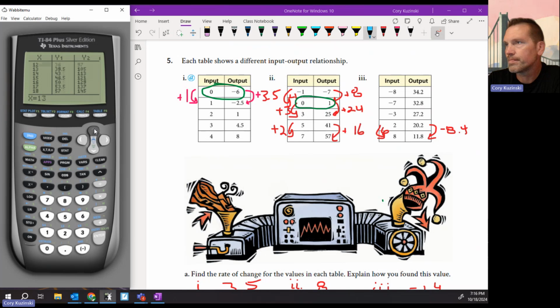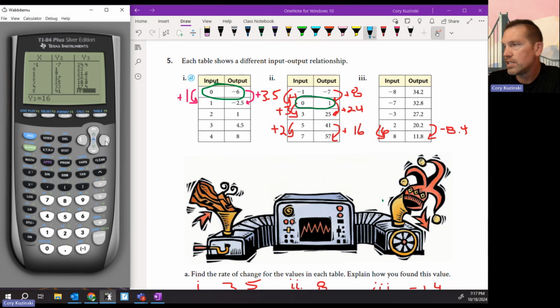And let's see. For y1, I got my 0, negative 6, my 1, negative 2.5. There's my 1, the 4.5, and the 8. For y2, I got to go up to negative 1. So negative 1, negative 7, 0 and 1, 3 and 25, 5 and 41.